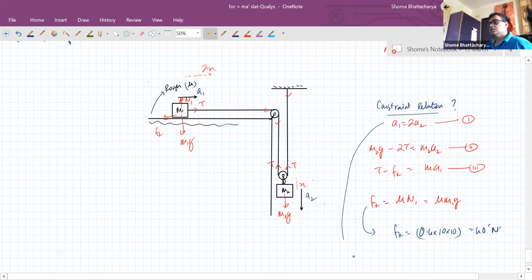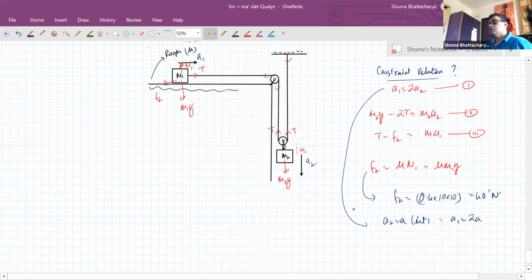And in this, let us take a2 is equal to A. So a1 will become 2A. So equation 2 becomes 100 minus 2T is equal to 10A.